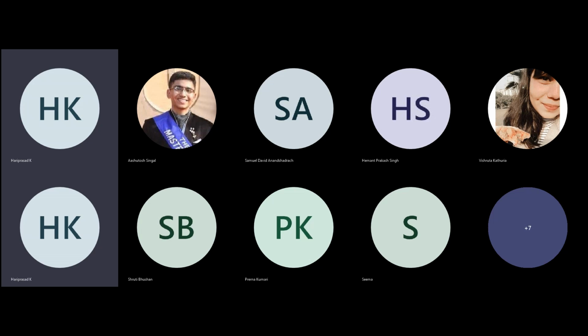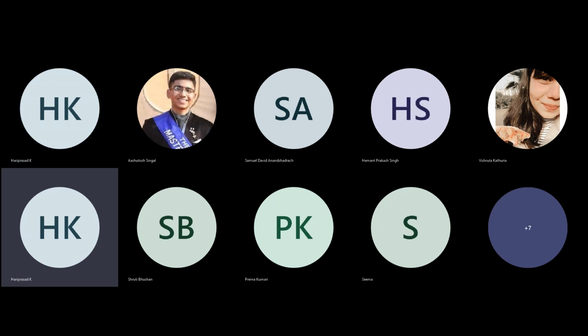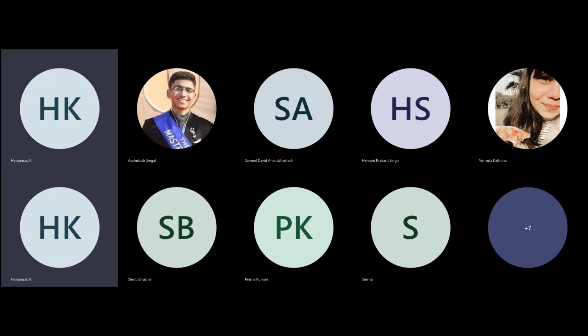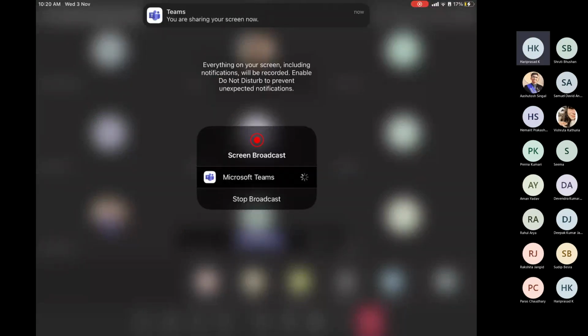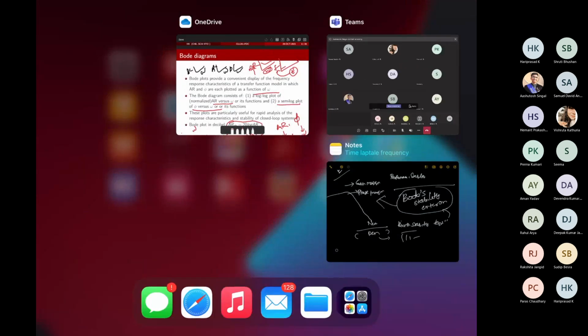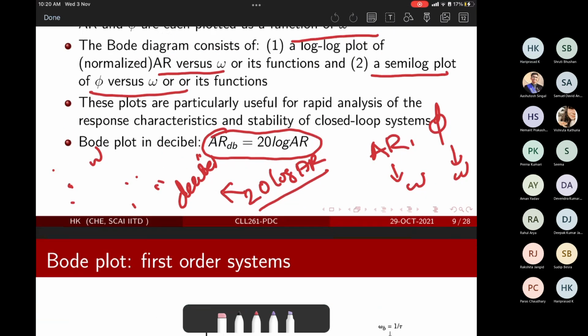When I switch my screen, I think it's getting unshared. Let me check. Very interesting. So it should be okay now.